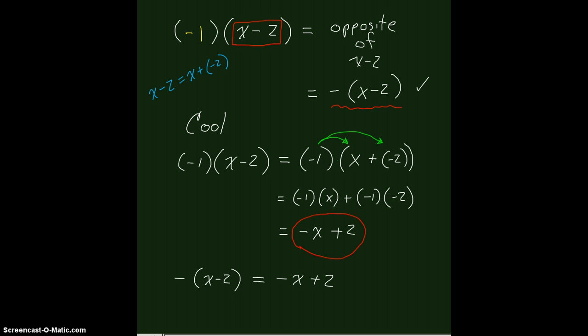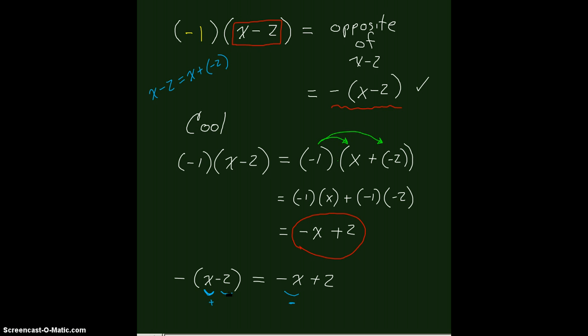If you look at each term inside this parentheses, the x, when I removed this parentheses by multiplying by -1, this x, which was a positive x, now became, that's right, a negative x. The sign changed.